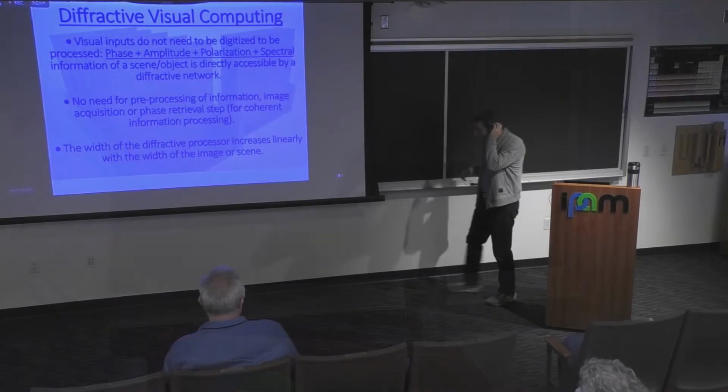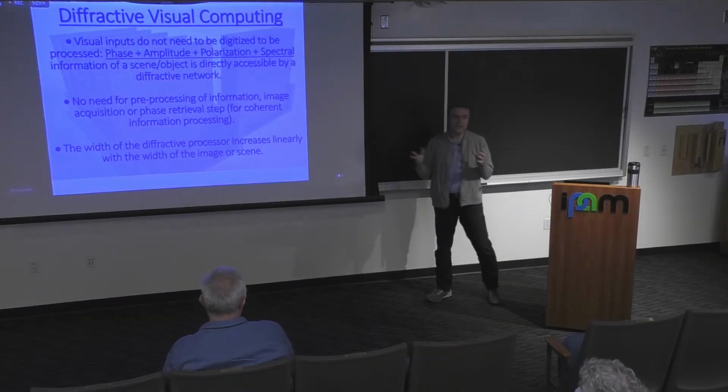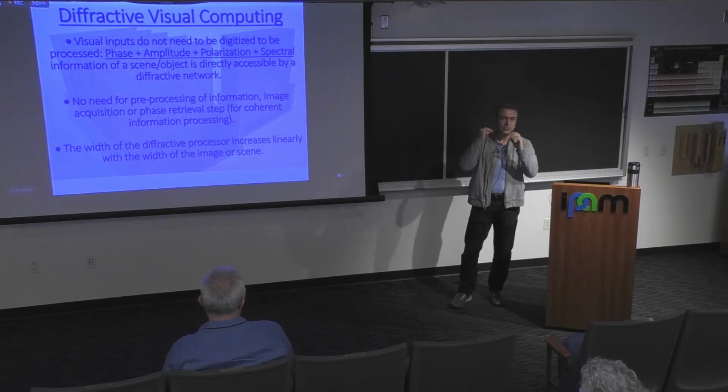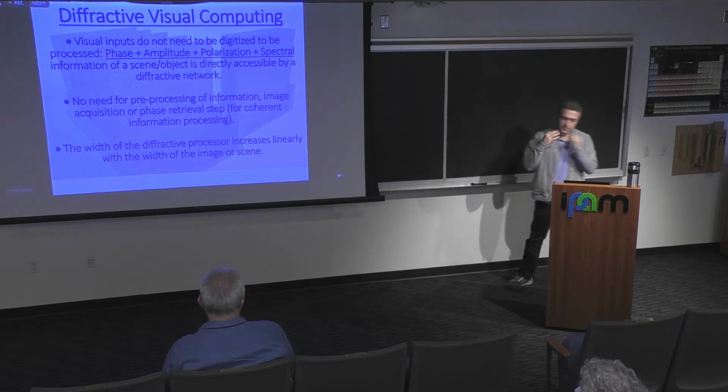And you don't need any pre-processing. You don't need to digitize it and act on it. Think of, for example, phase retrieval. That's actually a very complicated and costly process. You need to digitize and act on it with perhaps some GPUs to get the phase information of a coherent scene. These kinds of diffractive processors act on the phase directly at the speed of light, or polarization information.